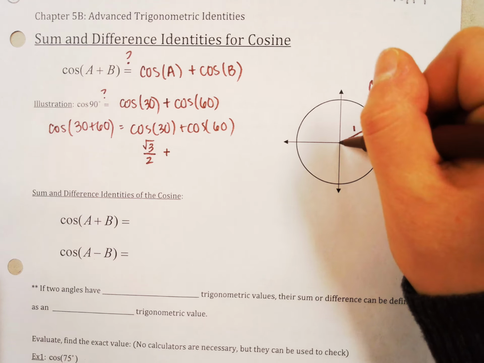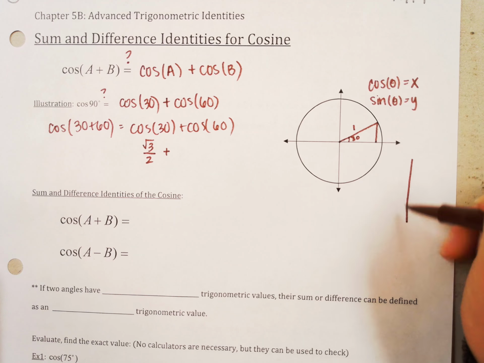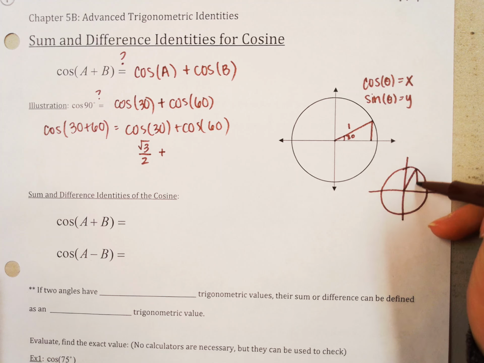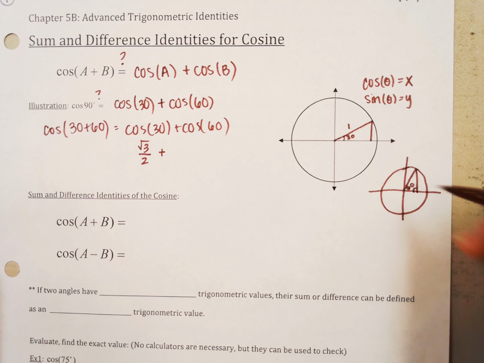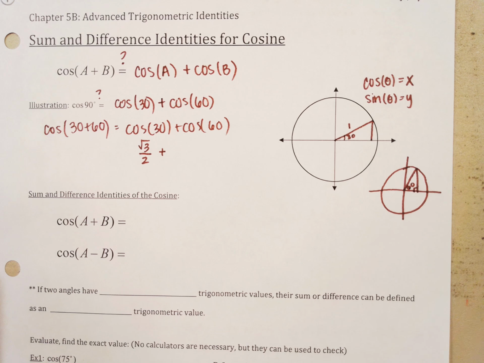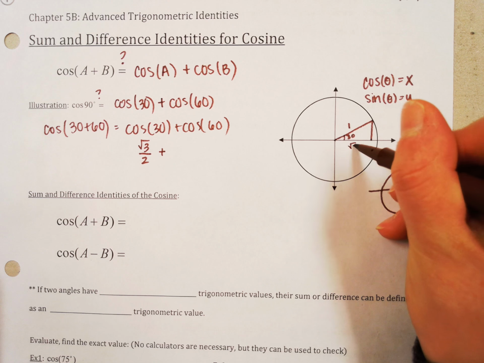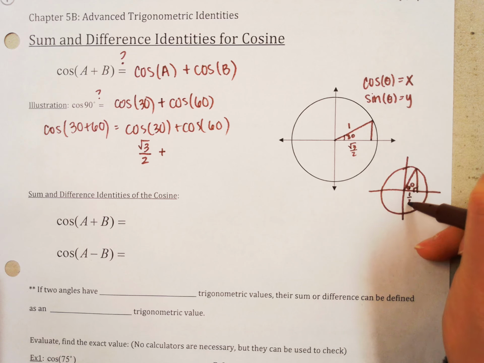At a 60-degree reference angle, I'll draw a new picture so we can look at that a little bit better. It looks like this. In a 60-degree reference triangle, across from our 60 is going to be root 3 over 2. This is a 30-degree angle, so this value is going to be 1/2.